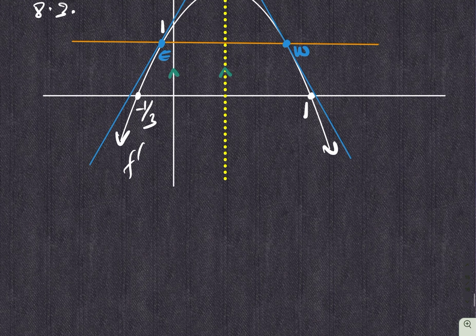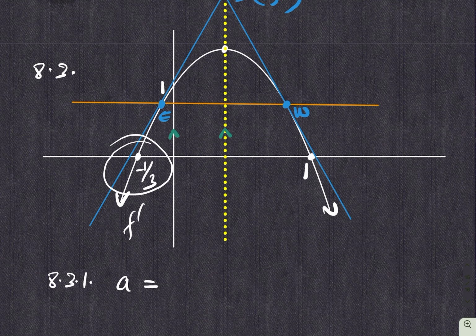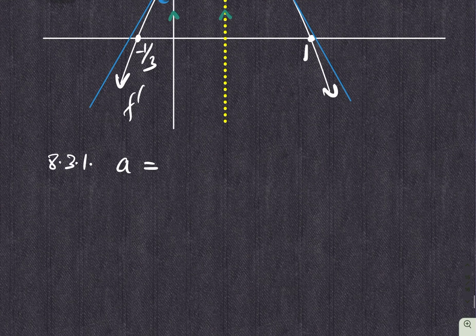So I will say 8.3.1, A is going to be the axis of symmetry. How do you find that? You add these two values and divide by 2. That is negative 1/3 plus 1, you divide this by 2.